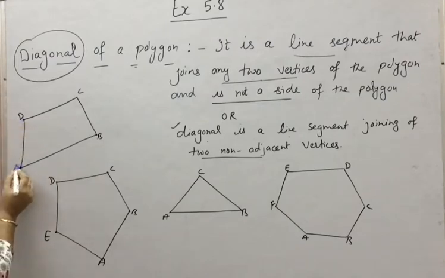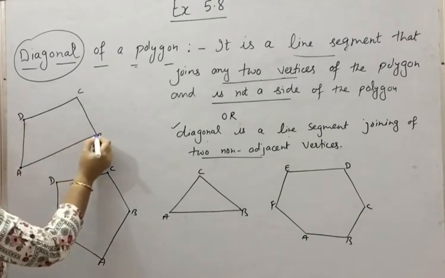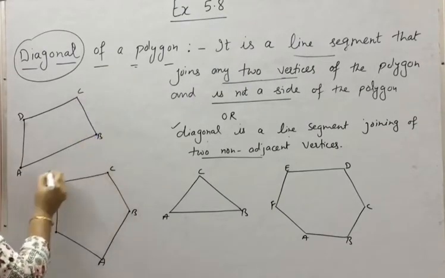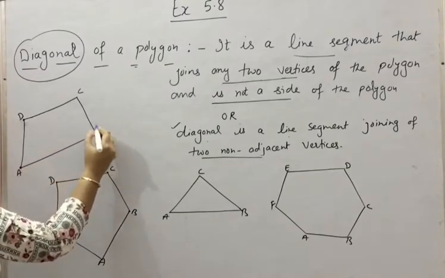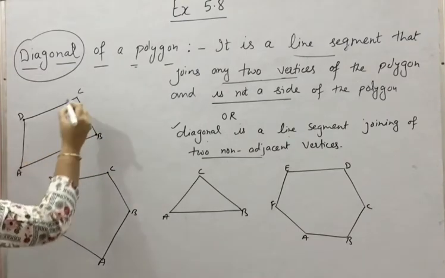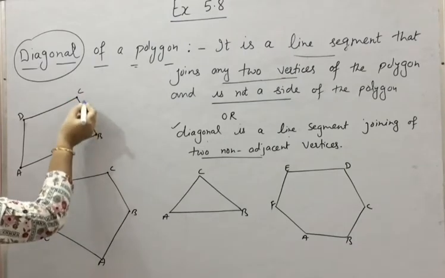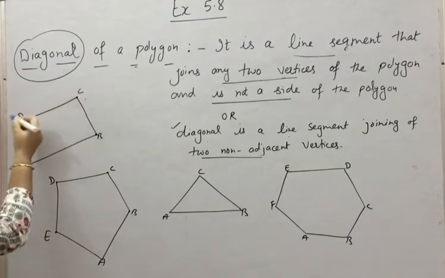It means the adjacent vertices of A are B and D. The adjacent vertices of B are A and C. The adjacent vertices of C are B and D, and the adjacent vertices of D are C and A.